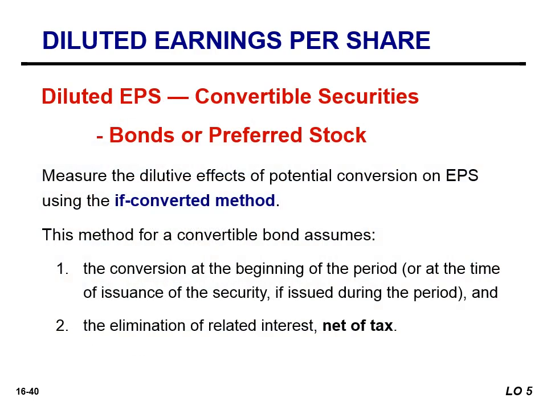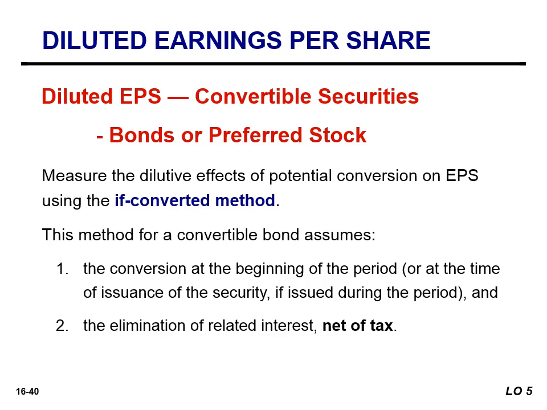So how do you handle dilutive earnings per share? Okay, start out on each different specific item. Measure out the dilutive effects of the conversion on earnings per share using the if-converted method, which assumes that A, the conversion of the securities occurred at the beginning of the period, or the time of issuance if it occurred during the period, so the first day, that everybody changed over on the first day, and B, that you can kill all interest expense, net of or after tax.